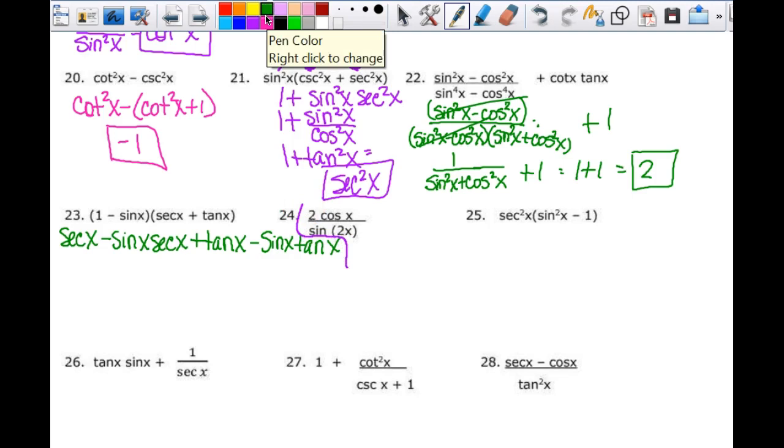So see if I have any. I don't have any reciprocals or anything here, but well, I mean I have reciprocals. I don't have any inverses of each other. But because I have all these secants, secant is the reciprocal of cosine.